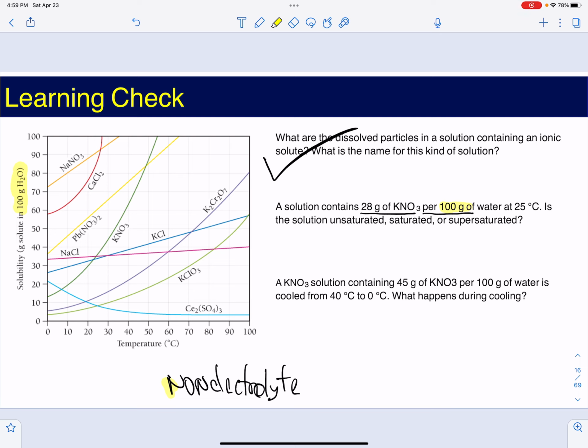And it's at 25 degrees Celsius. We have temperature here, so 25 degrees Celsius is going to be somewhere around there, more or less.